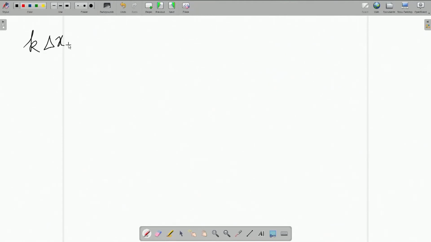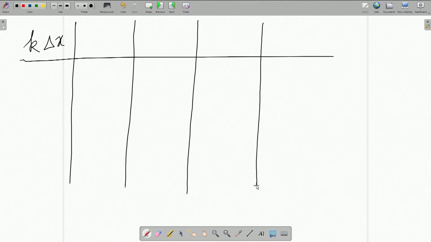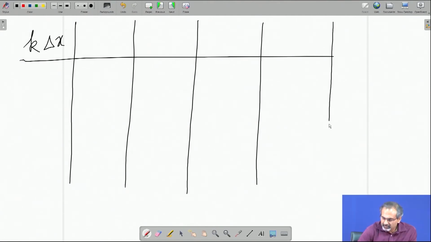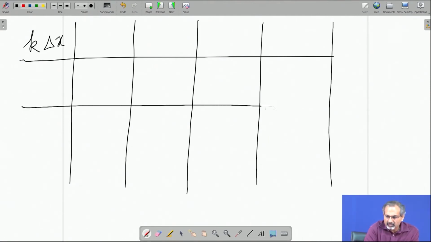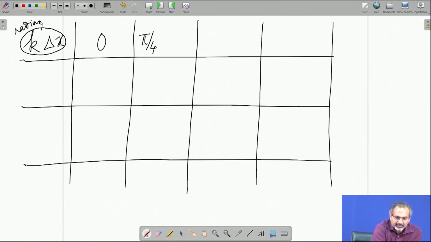We form a kind of table for our hand calculations, and let us take a few discrete values and try to check how the k dash values are doing for the two schemes. So, we will choose values of this kind. Remember that this k times delta x is in radians.